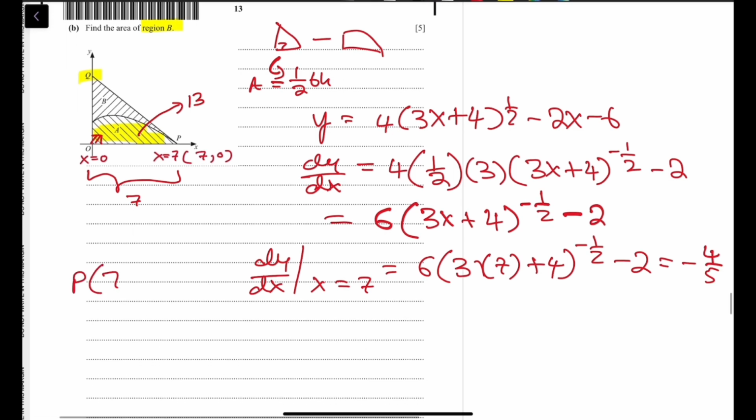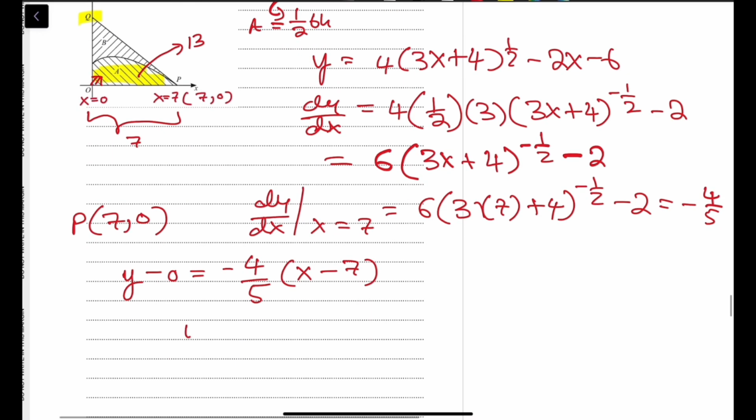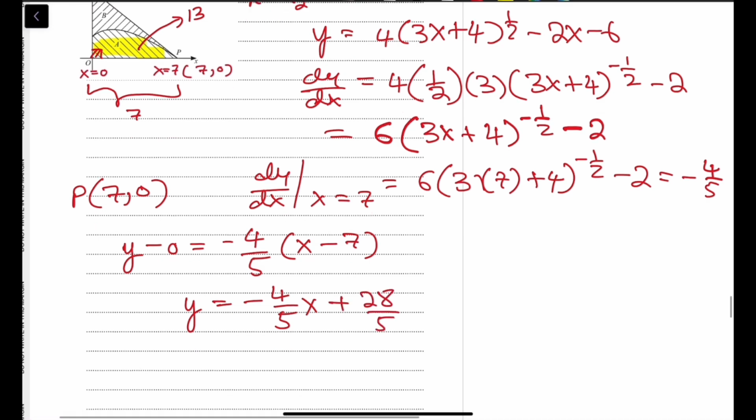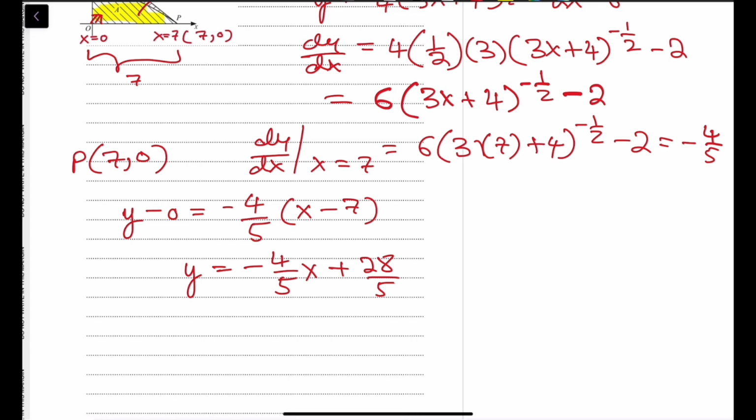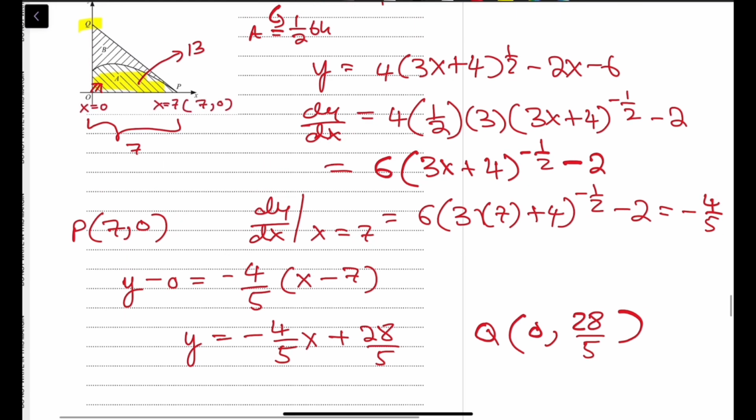And since P has the coordinate 7, 0, our equation is going to be y minus 0 is equal to minus 4 over 5 times x minus 7. Therefore, y equals minus 4 over 5 x plus 28 over 5. If x is 0, y is 28 over 5. So the coordinates of Q must be 0, 28 over 5.